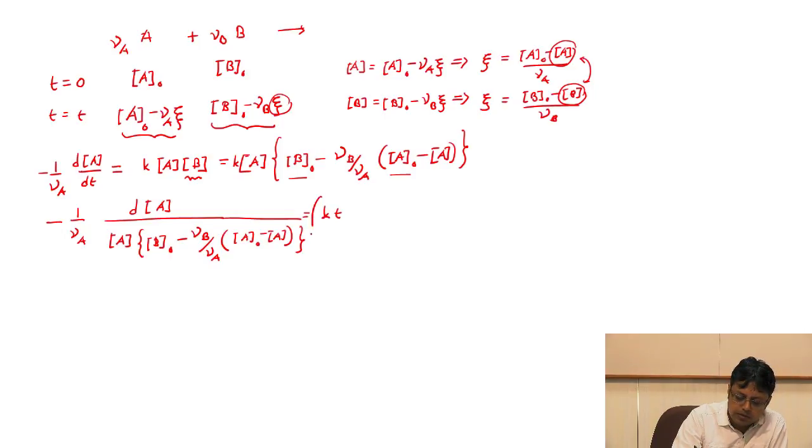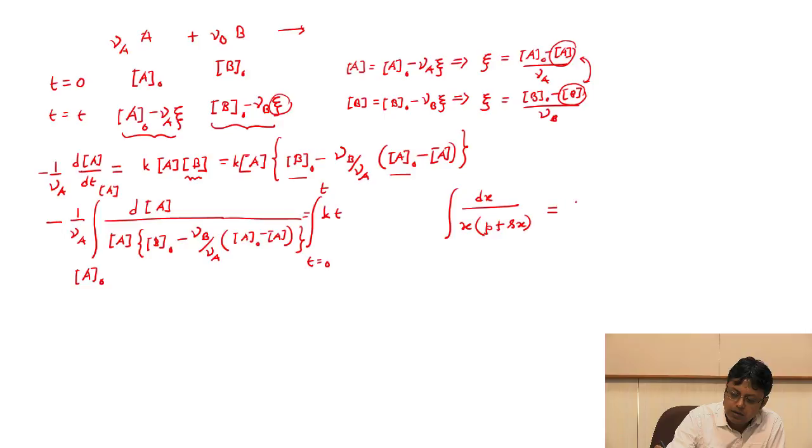As before, we'll say that at t equal to 0, the initial concentration was a0, and at time t, the concentration was a. Now to solve this equation, you can use a standard integral, which is dx divided by x into p plus sx.